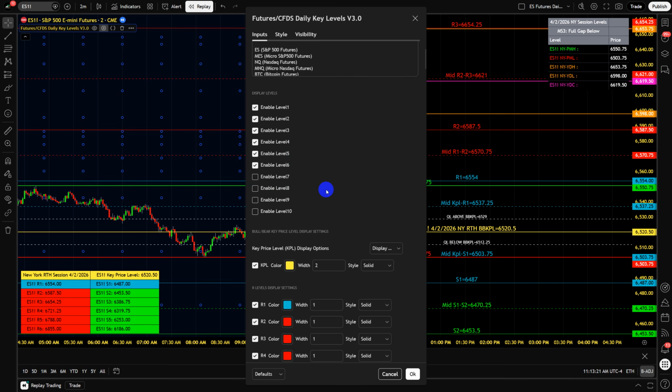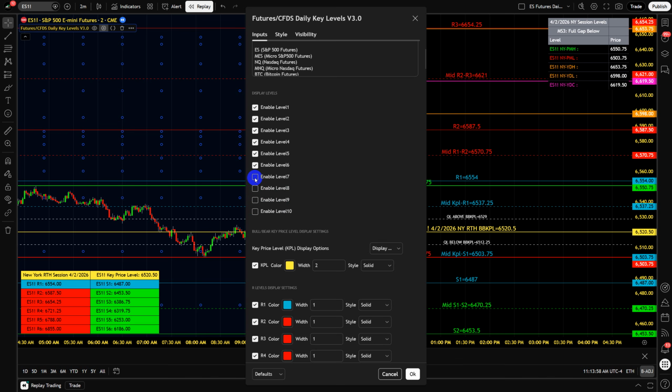Unless we're going through extreme volatility, such as we saw with the COVID pandemic, or the 2007, 2008 financial crisis, or some other sort of crisis or extreme volatility event, on most days you're only going to be seeing levels confined within R6 down to S6. But you can turn on additional levels if your particular symbol happens to be in an extreme volatility environment. You can turn on these additional levels here.